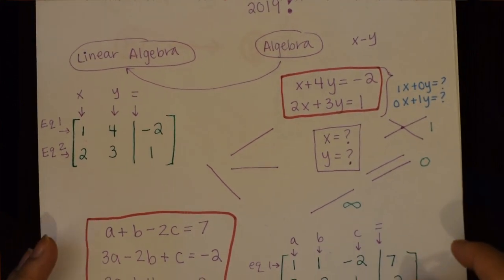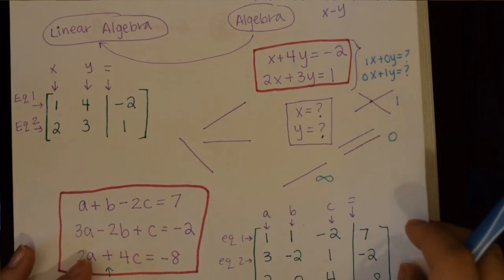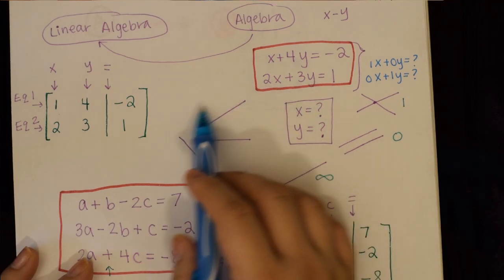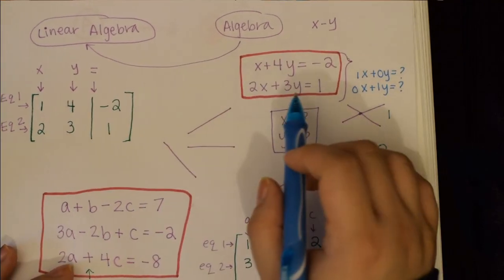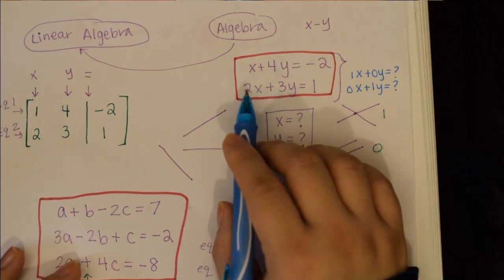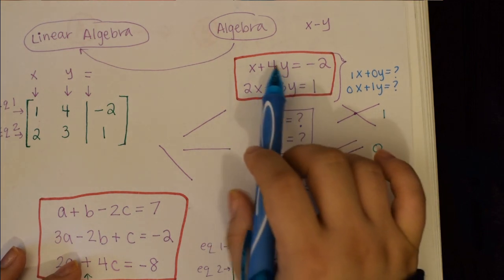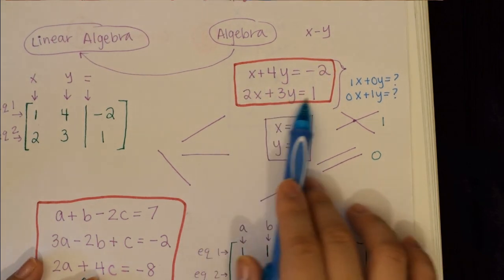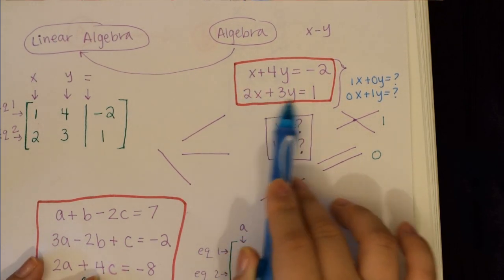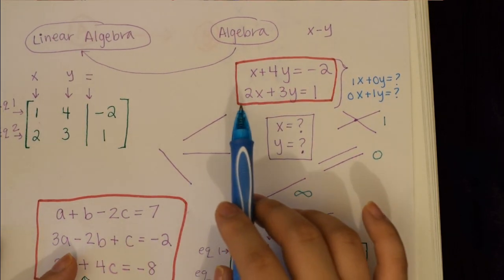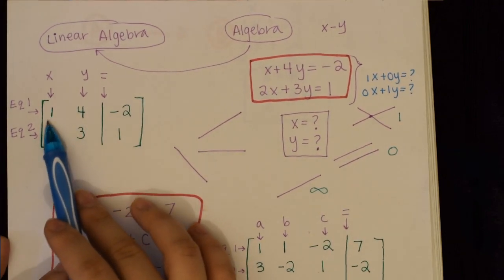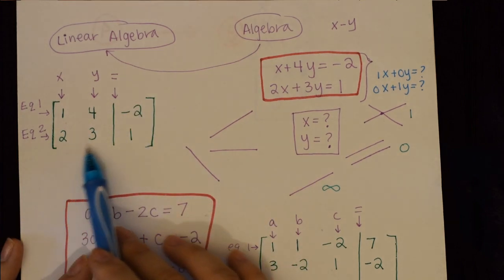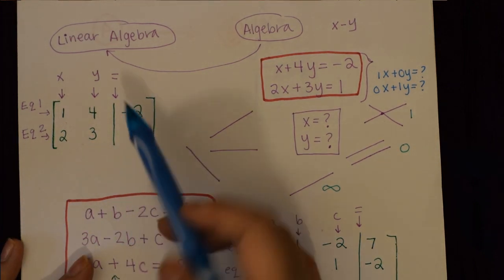So in our first little video, we really set up the idea of representing a system of linear equations, which is just, in this case, two equations with two variables, x and y, and we take just the coefficients to set up a matrix.